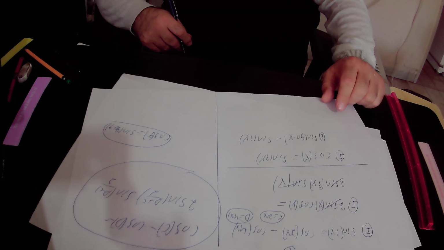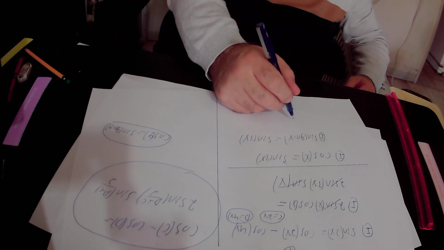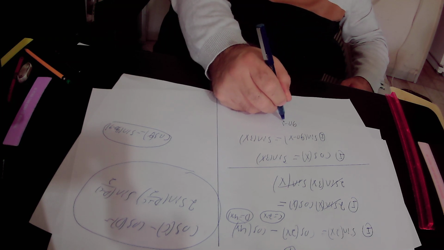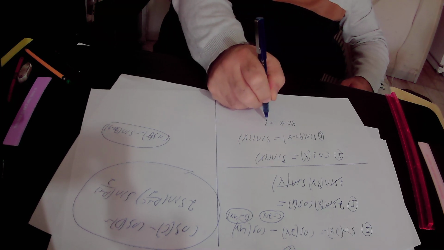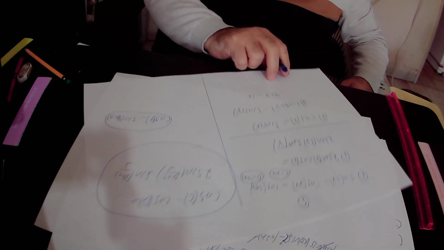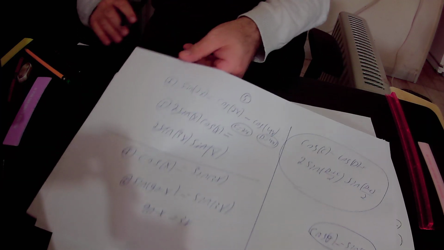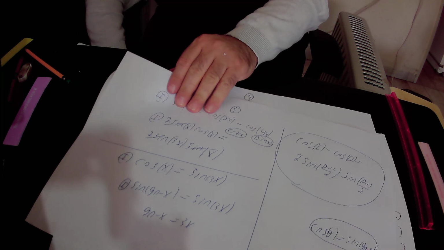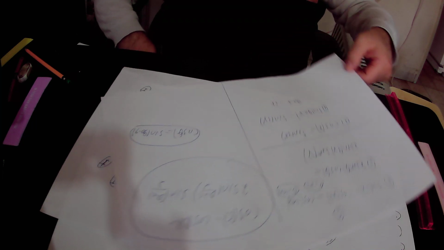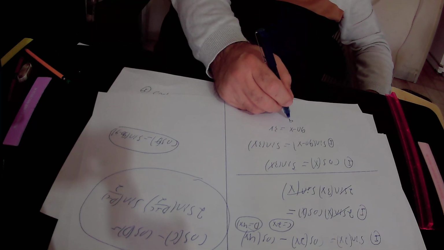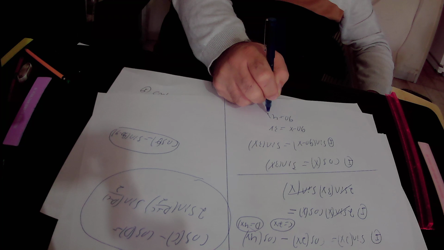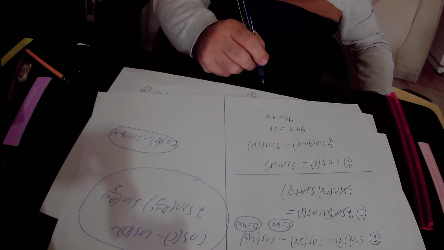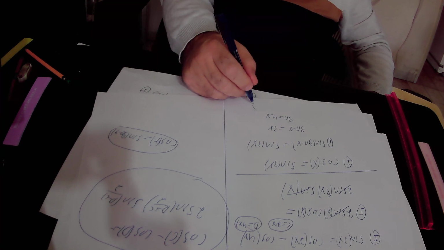So here we can write down that 90 minus x equals 3x. Okay, we got the equation that states that 90 minus x equals 3x. We will add x to this equation, and we will get that 90 degrees equals 4x.